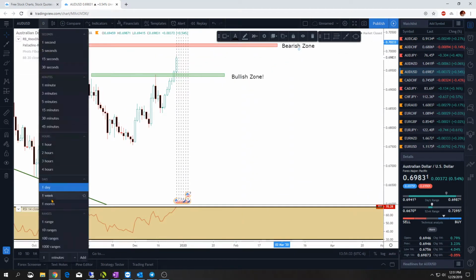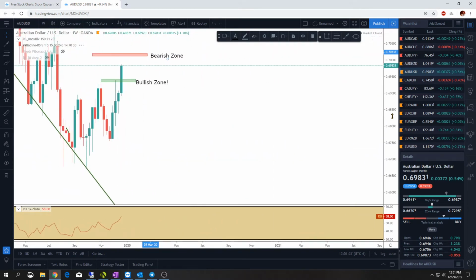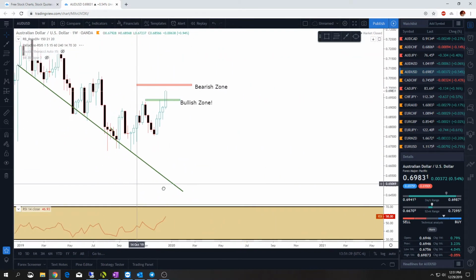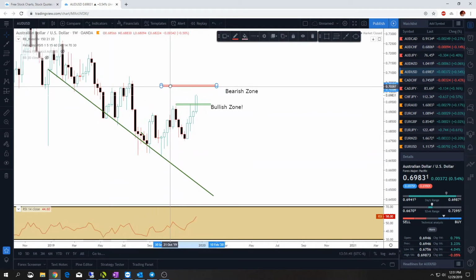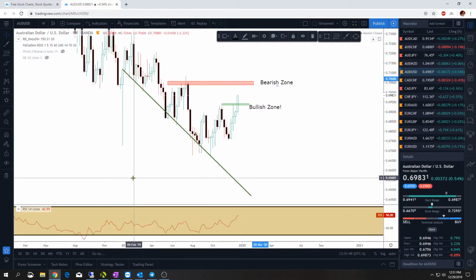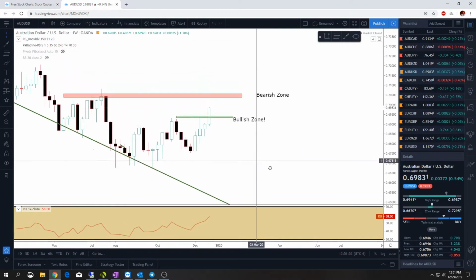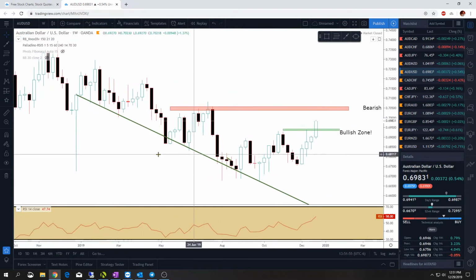Let me jump up to a weekly. Jeez, I don't know what is going on with me in these charts. So, to find a good bearish spot, I like this. This is an area that I'm going to want to see what price does. Now, remember, if we, God, I'm having trouble with my charts today.